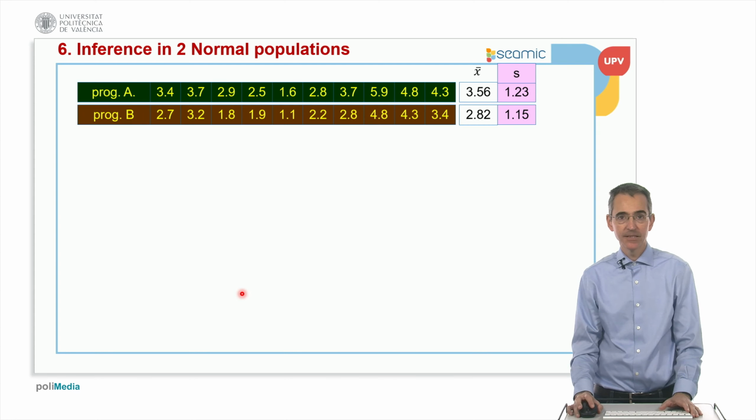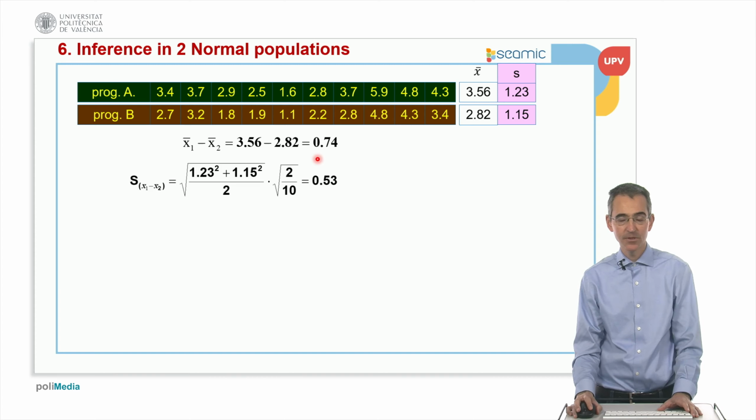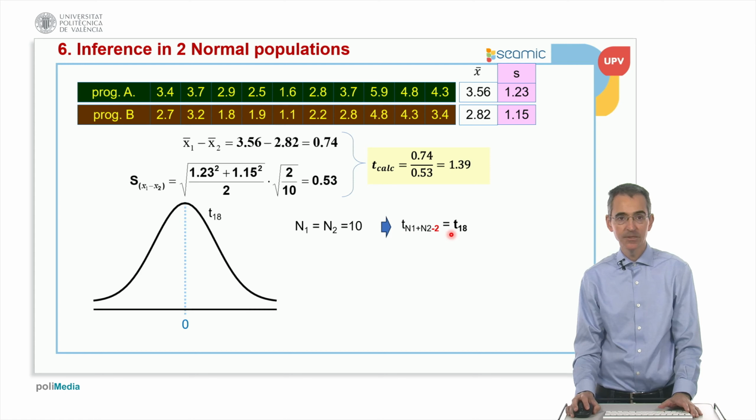In this case, the difference of means is 0.74. So we compute this global standard deviation, and then we compute the t calculated. The critical value for 18 degrees of freedom is 2.1.